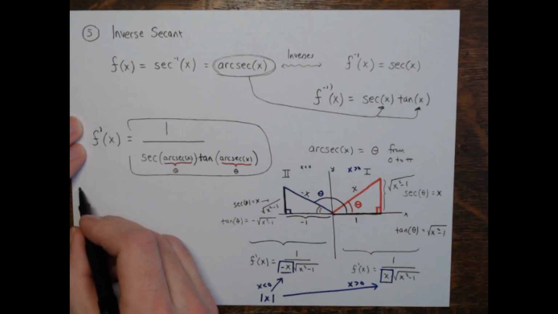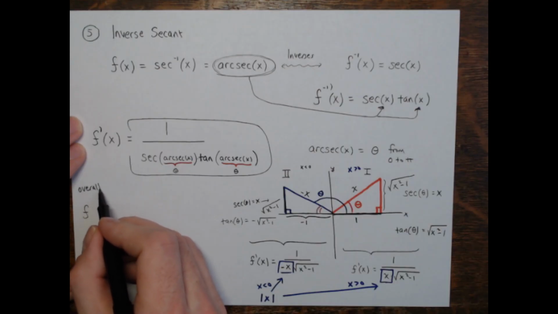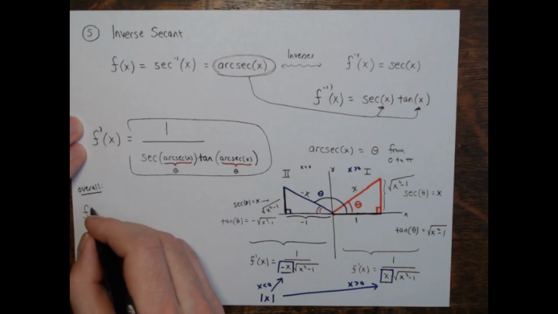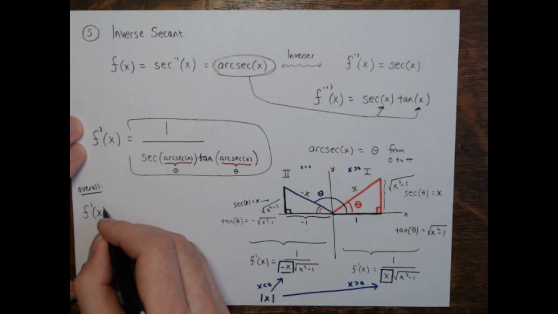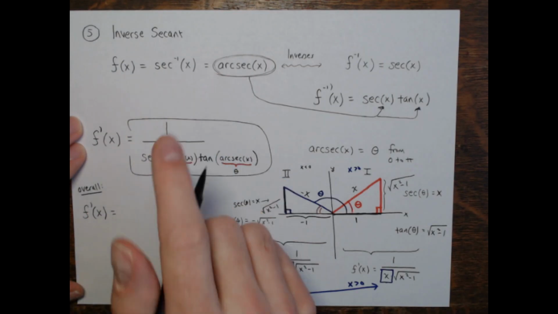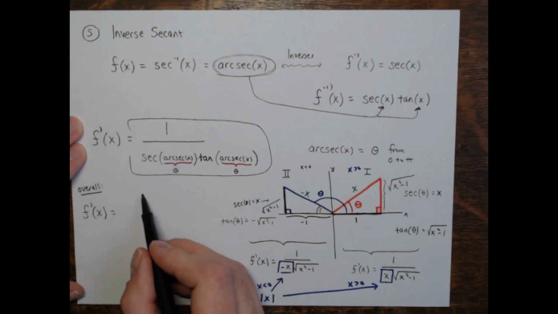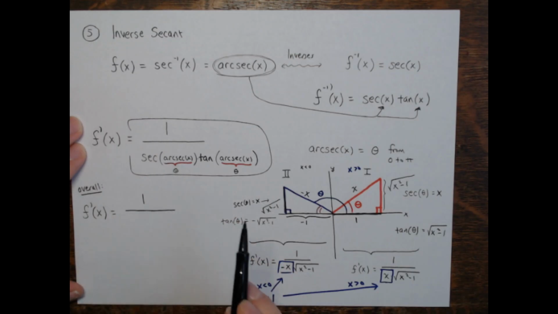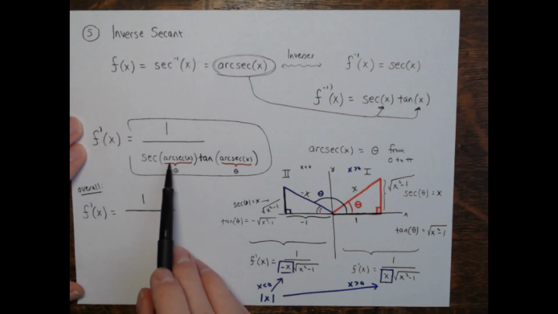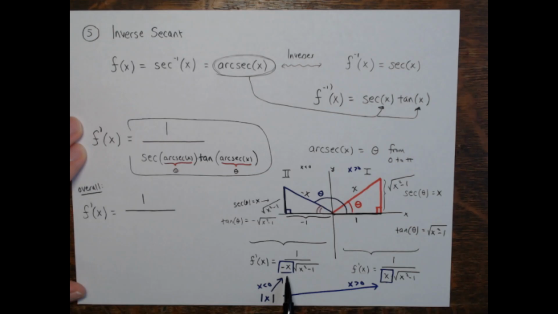So overall, you'll see this in quite a few textbooks. The derivative of the inverse secant function is 1 over, and then this secant theta tangent theta, again, depending on where you are, could either be the opposite of x times the square root of x squared minus 1, or just x times the square root of x squared minus 1.